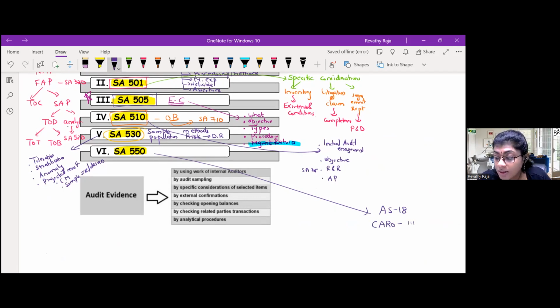Clause number 3, clause number 4, clause number 13, and clause number 15 are dealing with related parties. And of course, in Ind AS 24 also. Now, related party.